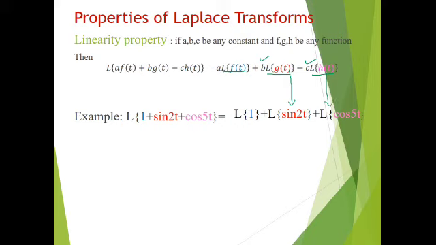So, using the transform of elementary function, we know the Laplace transform of 1 is 1 by s. Laplace transform of sin 2t is 2 upon s square plus 4. And Laplace transform of cos 5t is s upon s square plus 25.